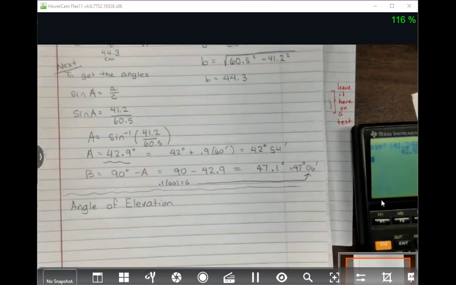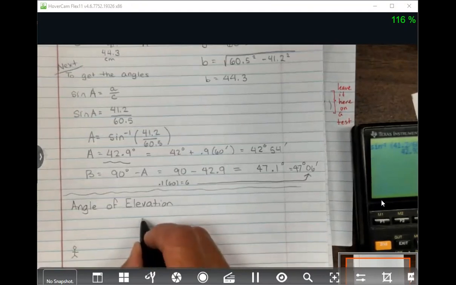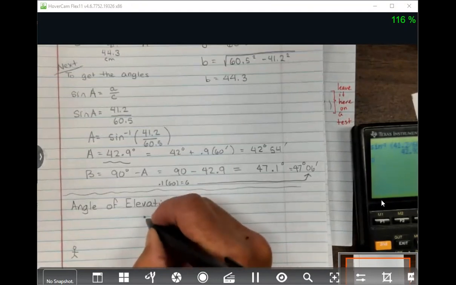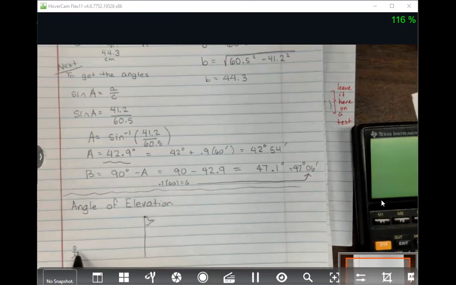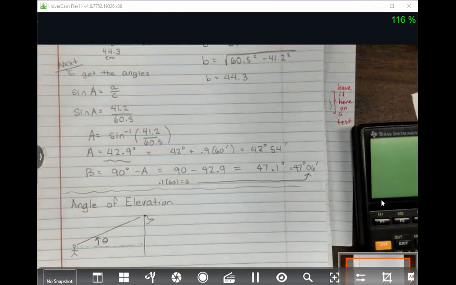So the angle of elevation. So here's a person right here. I missed my calling. And here's the top of something. I don't know, maybe let's make that a flagpole. So from the horizontal to the top is the angle of elevation.